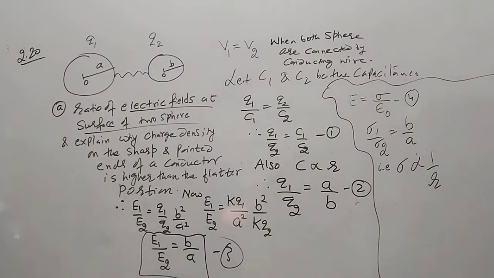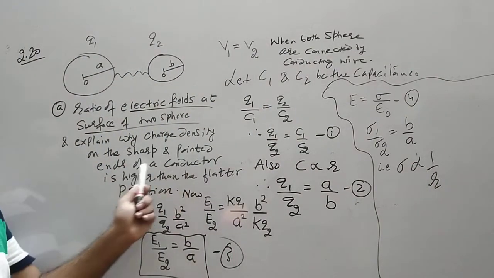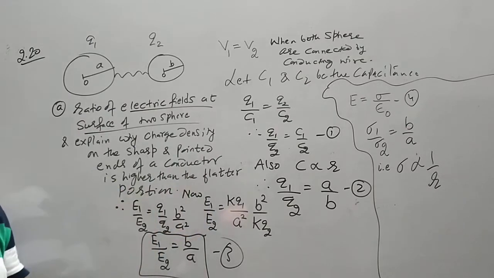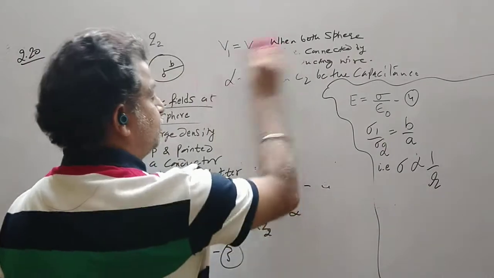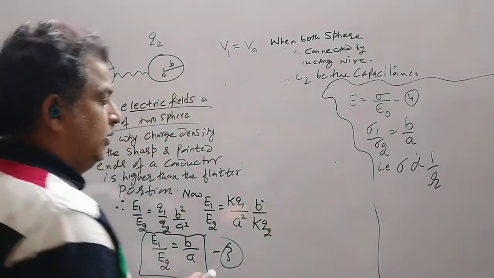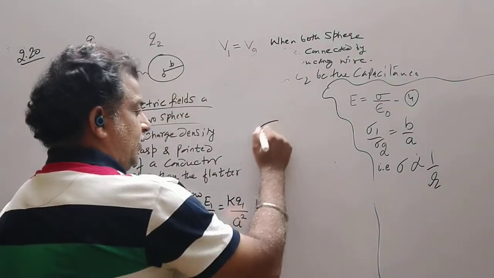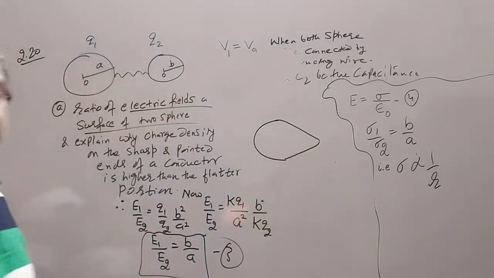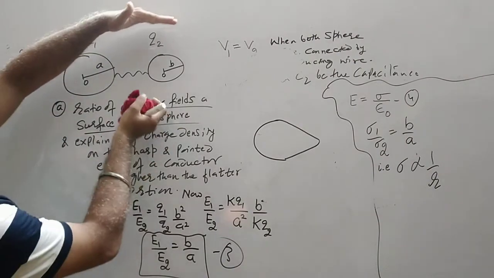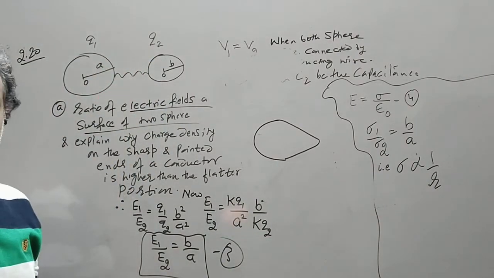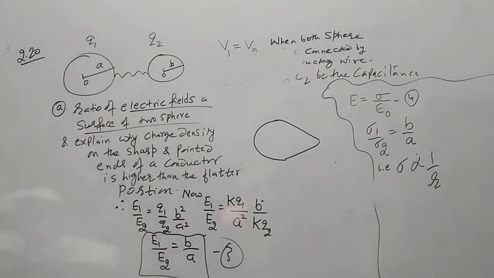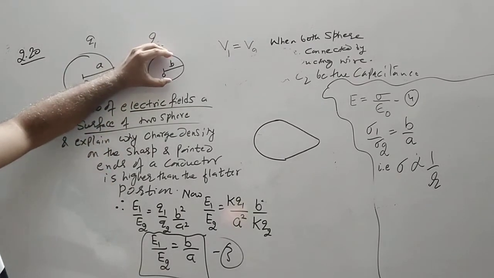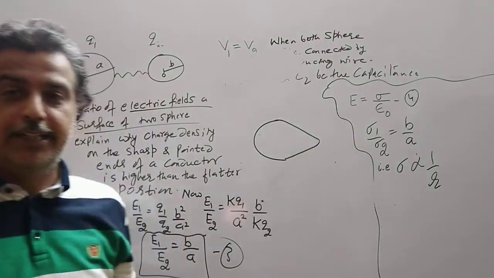Now, why is the charge density on the sharp and pointed end of a conductor higher than the flatter portion? Let us consider a conductor having the shape like this. Now it is like a sphere has been compressed, like this, so it is elongated.